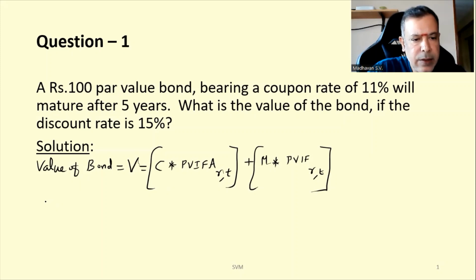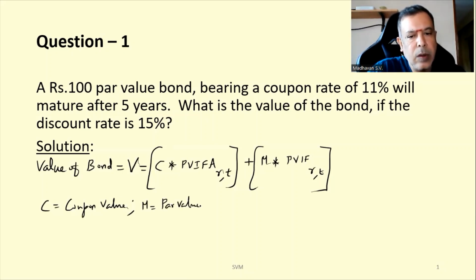Here, C is the coupon value and M is the par value, also called the face value. In this case, C will be calculated as M times the coupon rate.